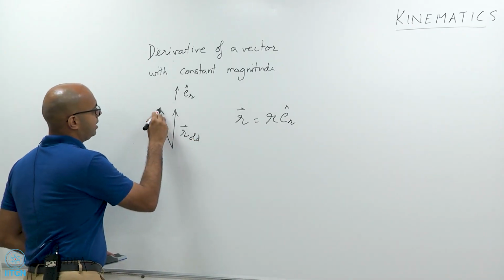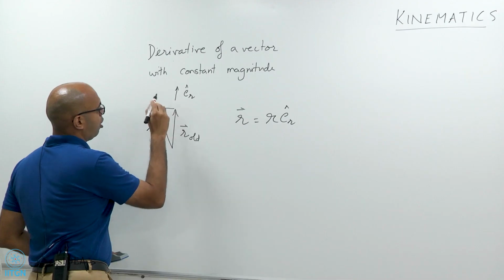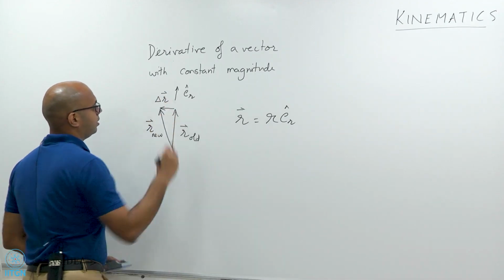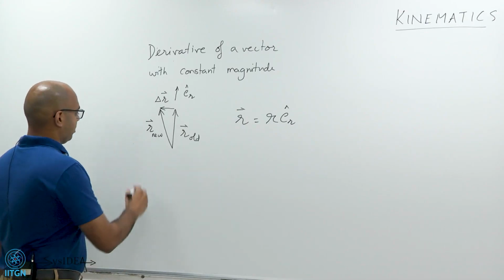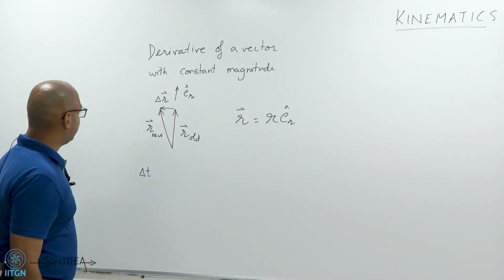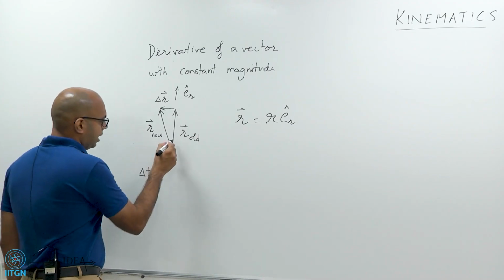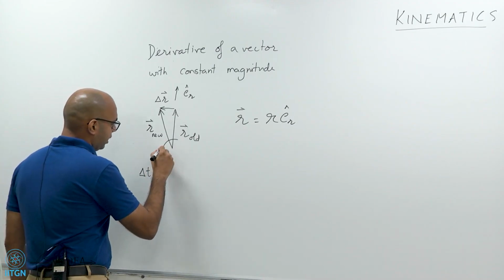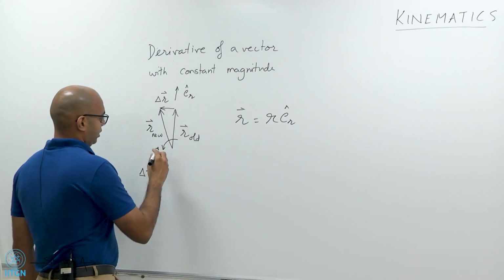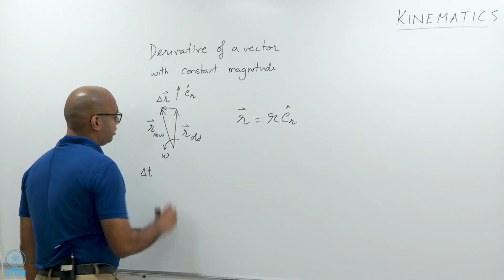My change in vector over that small time instant is delta r, and let us say this is happening over a time instant of delta t, and let us say the rate of rotation of this vector, because it is changing direction, is omega.